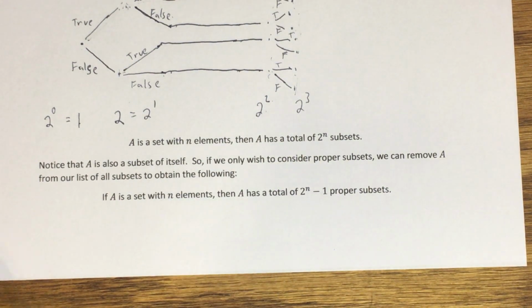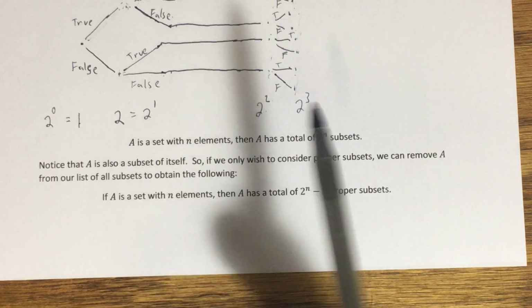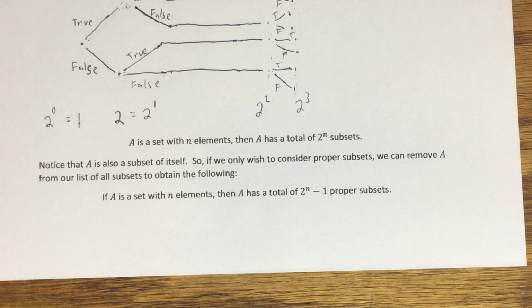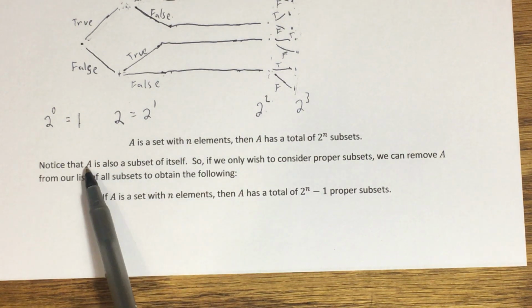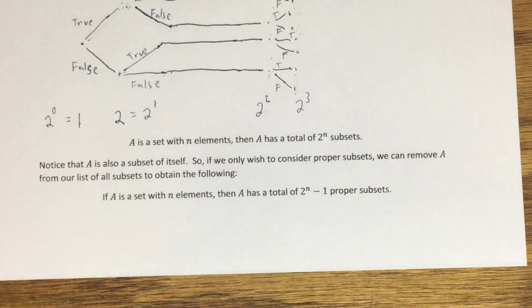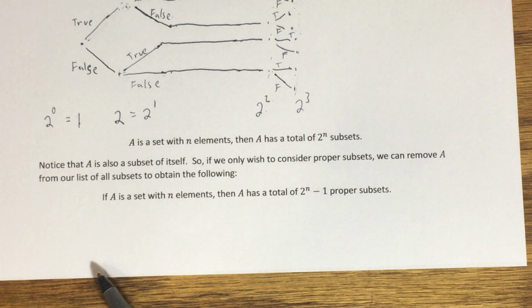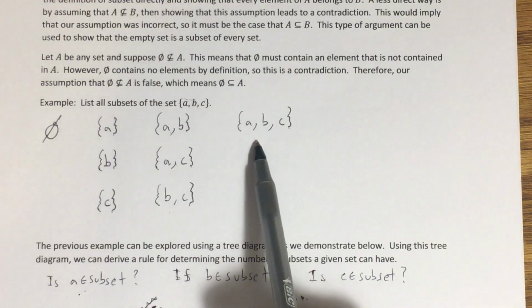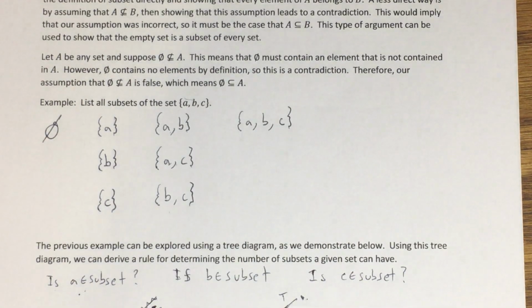Before we do an example, notice that A is, as we said before, a subset of itself. And if we aren't interested in considering A amongst our list of subsets, in other words, if we only want to know the total number of proper subsets that a set contains, then all we need to do, for example, is remove that one set that's equal to A, or that's equal to the set that we started with.